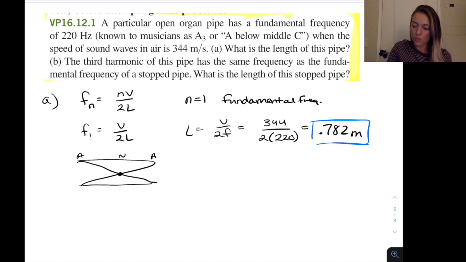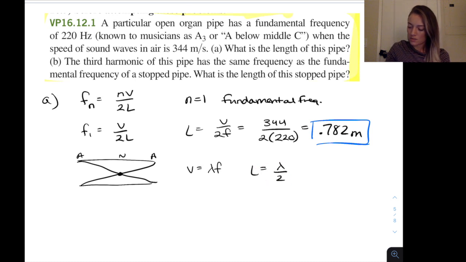And we know that there's 1/2 wavelength in there. And then we could use this formula, v is equal to lambda f. And we could use this to find lambda, and then we know that the length of this is going to be lambda over 2, right? Because if it's the fundamental frequency, this is half a wavelength. And then you can plug in for lambda here.